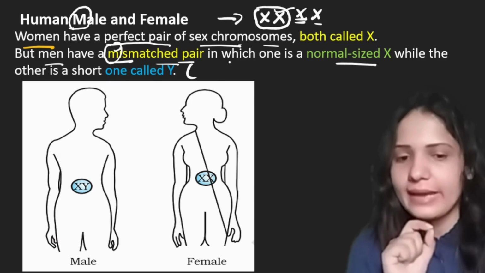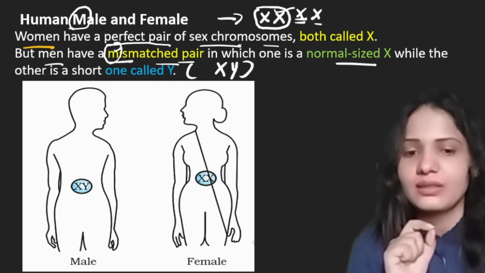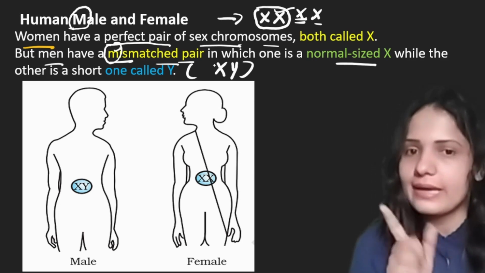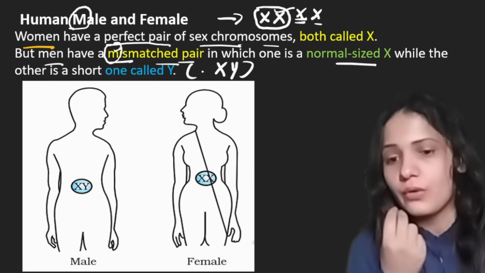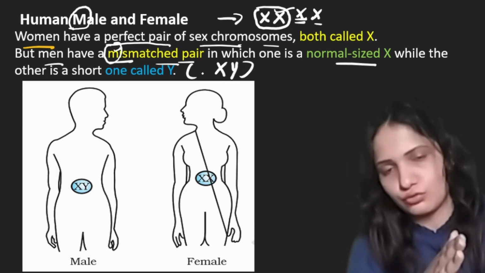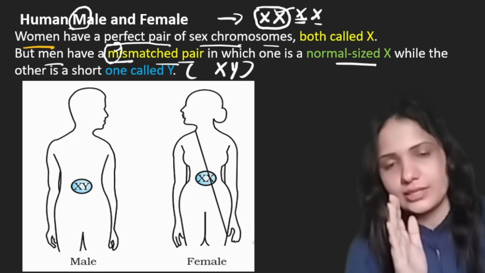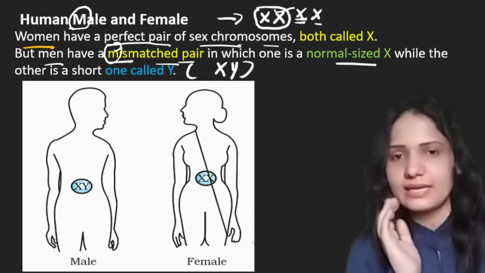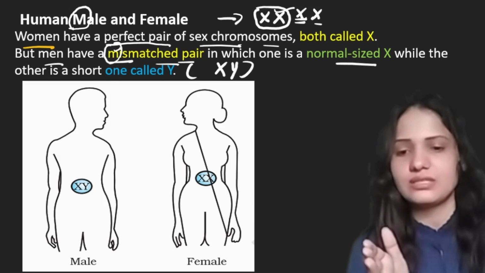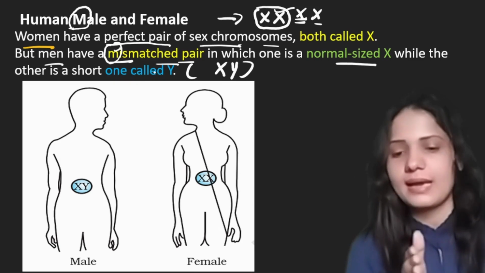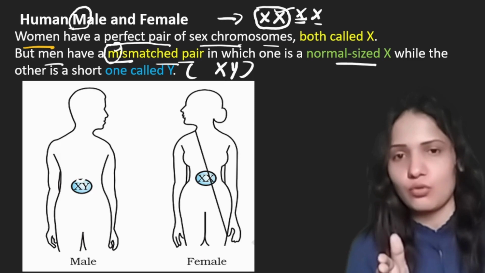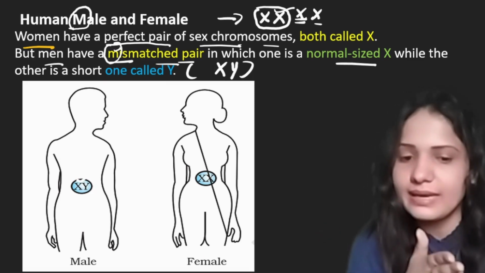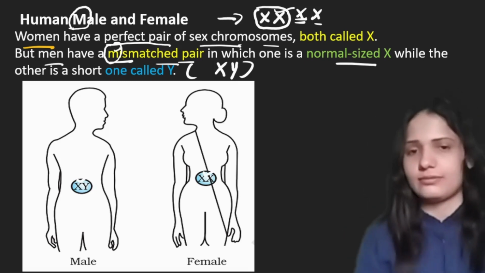So in case of man we have this configuration X and Y. We have two types of chromosomes in case of man, X chromosome and Y chromosome. But in case of women, we have X chromosome and X chromosome. So now you understand on what basis we say that this is man, this is woman. On the genetics basis, we can differentiate man and woman by the genotype of sex chromosomes. In case of man, we have this XY configuration, and in case of woman, we have this XX configuration.